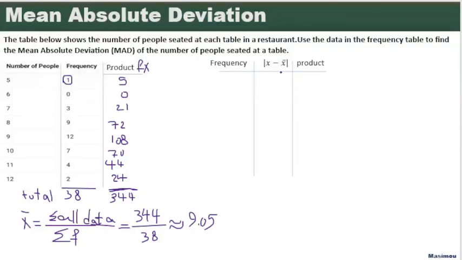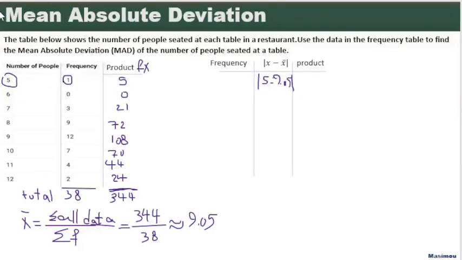So for the first one, my number is 5, and 5 minus 9.05, but I have to take the absolute value of this difference, which gives me 4.05.